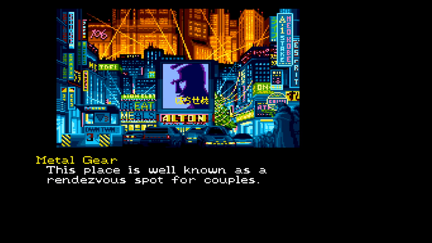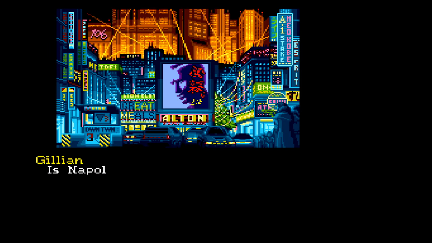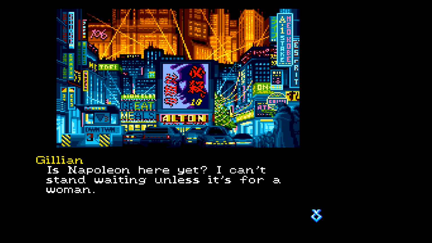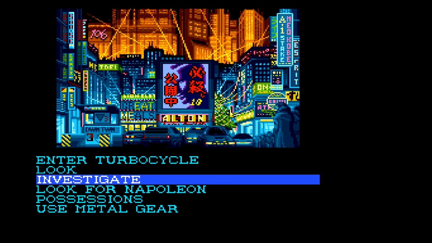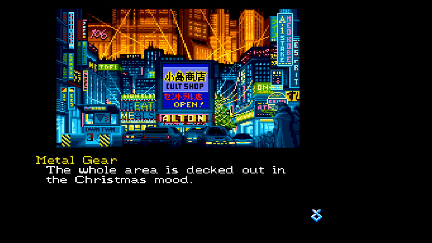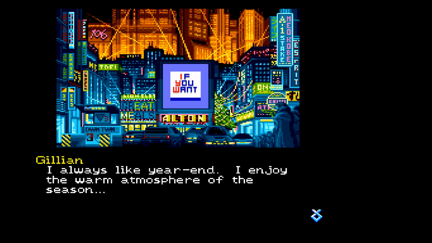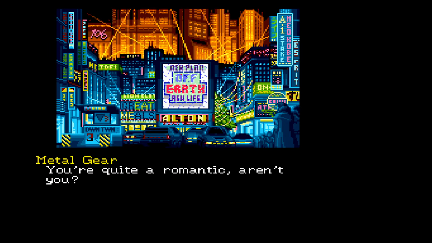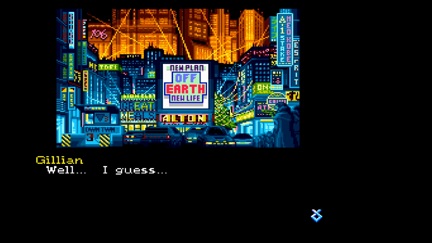This is Alton Plaza. This place is well known as a rendezvous spot for couples. Is Napoleon here yet? I can't stand waiting unless it's for a woman. Let's check the area. The whole area is decked out in the Christmas mood. I always liked year-end. I enjoy the warm atmosphere of the season. You're quite a romantic, aren't you?